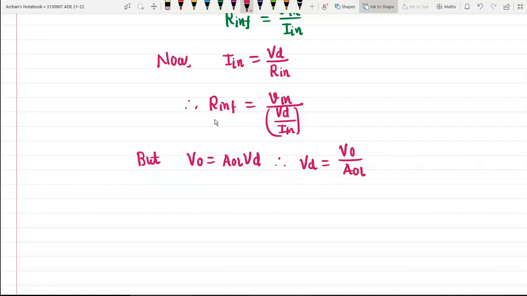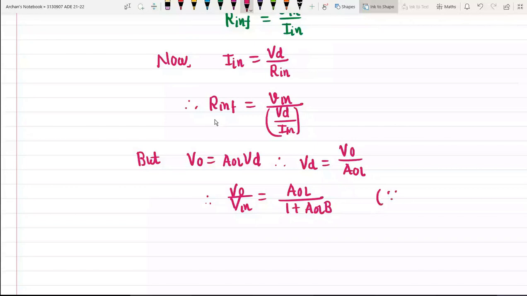And from the block diagram, we know that V0 by Vin is equal to AOL divided by (1 plus AOL times B), where B is equal to R1 upon R1 plus RF.